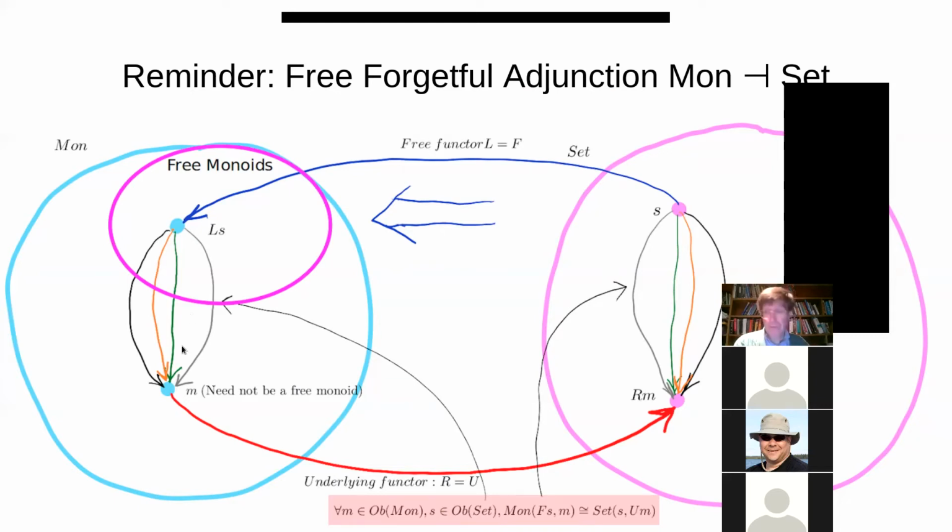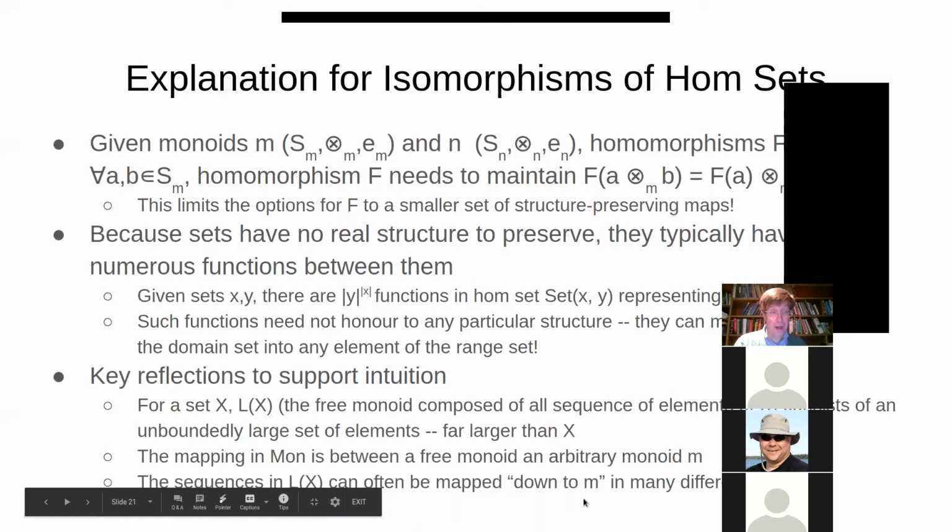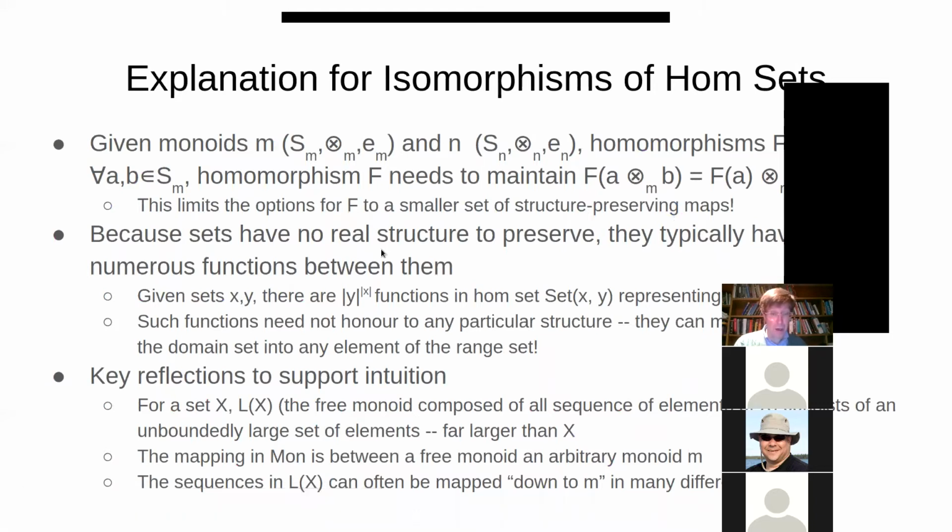But meanwhile, homomorphisms are very rigid, or it's not rigid, they're very structured quantities. They preserve monoidal structure. They're very disciplined about preserving that structure. And yet we have this isomorphism between them. And how could that be?